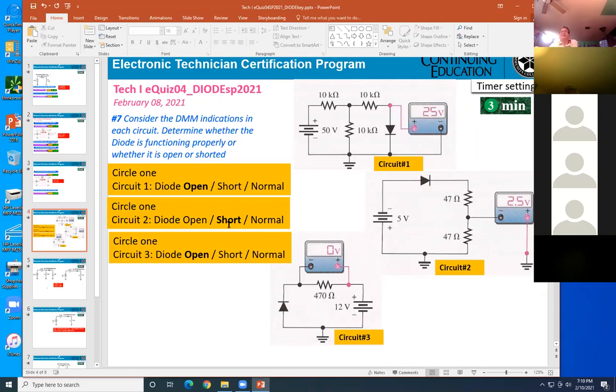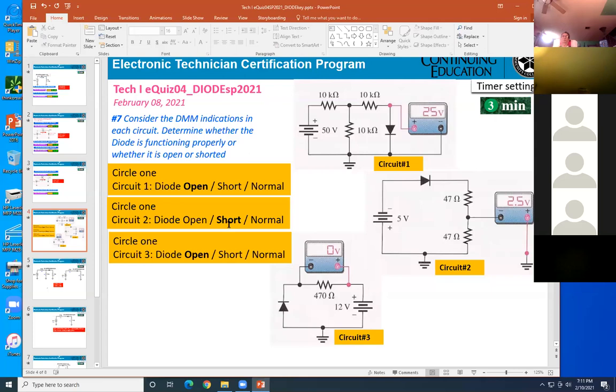Based on the measurement, tell me whether the diode is on, off, or normal. Don't tell me negative diode, reverse bias, or who cares. Oh, I see. Because if it was reverse bias, it would be open, so you wouldn't get any current flow. But the point is they said based on the meter. Yeah, based on the meter reading.